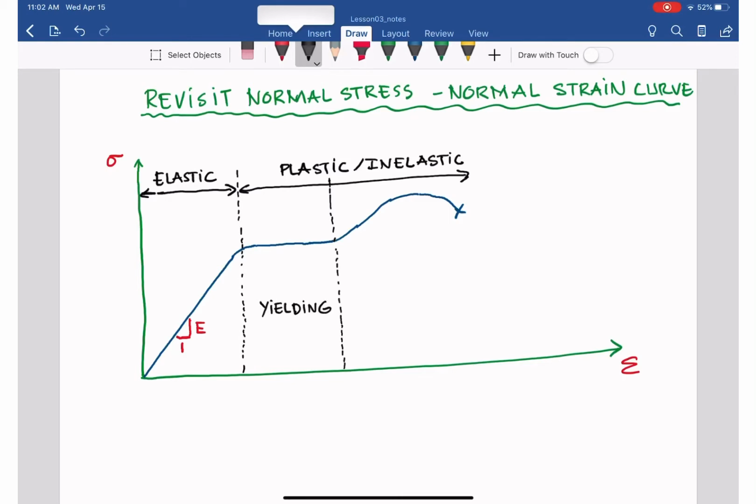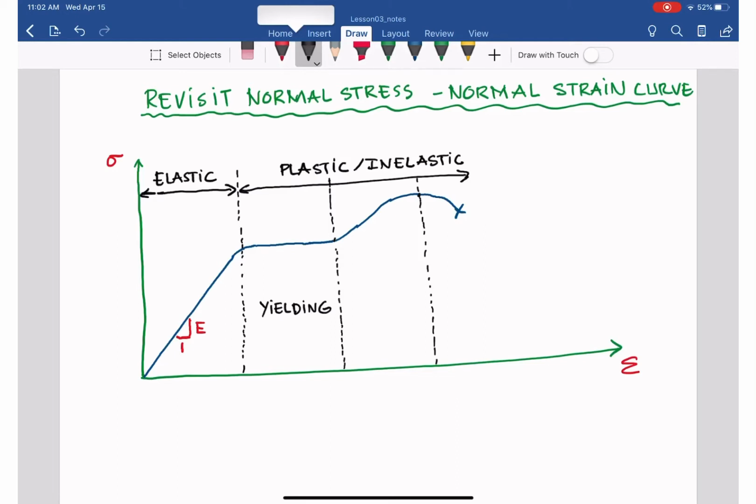This region is yielding. Then the region after yielding up to the peak point of maximum stress, we will discuss that later, is what we call strain hardening. It means we have to increase the stress so that the strain can increase.